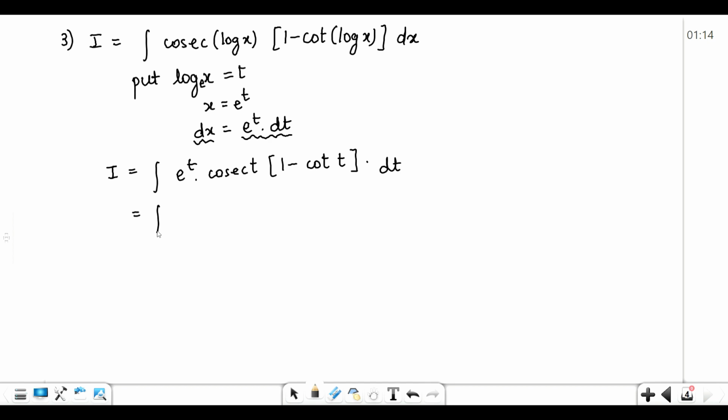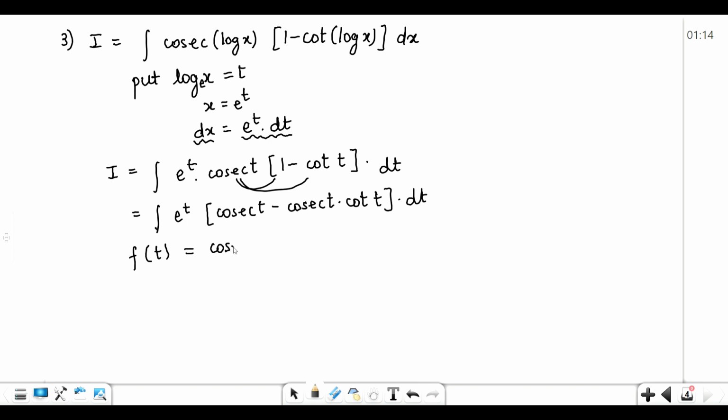Now again the idea is to keep e raised to t, or e raised to x, the exponential function, aside. So we'll keep this aside and multiply this inside. That will give you cosec t minus cosec t into cot of t dt. So we'll take the function f of t as cosec t.